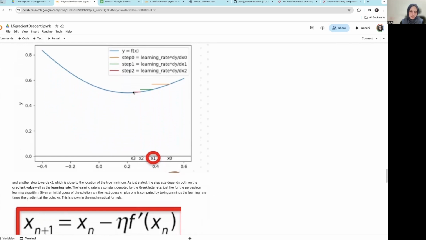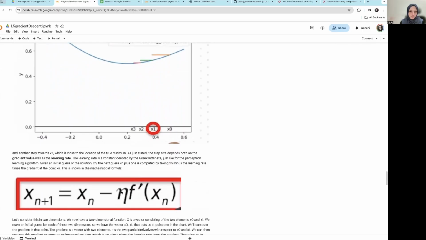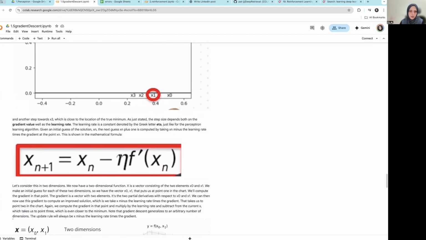As just stated, the step size depends both on the gradient value as well as the learning rate. The learning rate is a constant denoted by the Greek letter eta, this one, just like for the perceptron learning algorithm, which I explained in previous videos.